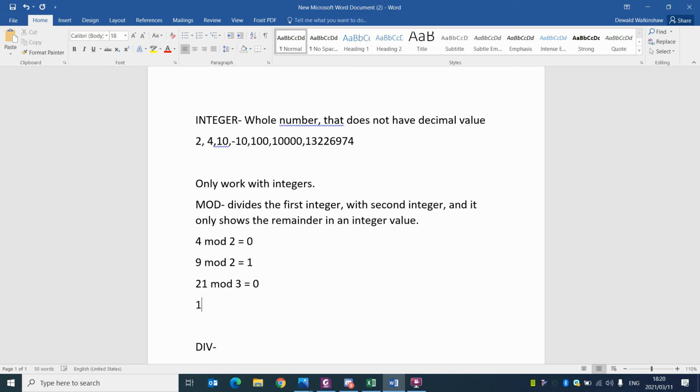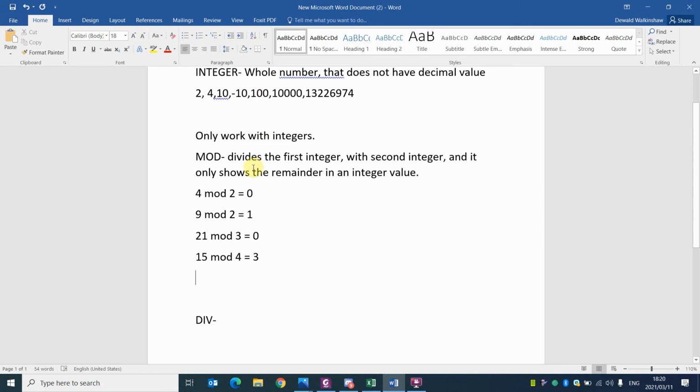15 mod 4, what would my answer be? 3. 3, sir. Okay, everyone agrees it's 3, because why? If we say 4, 8, 12, then we get to 13, 14, 15, 16, so 16 should have been the next one, but we can't complete the 4.